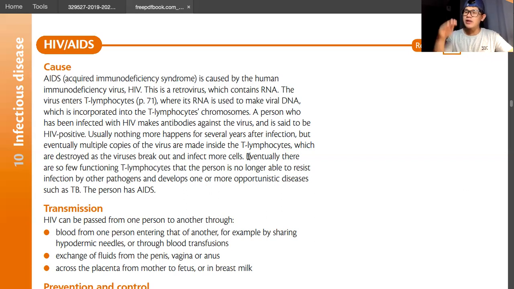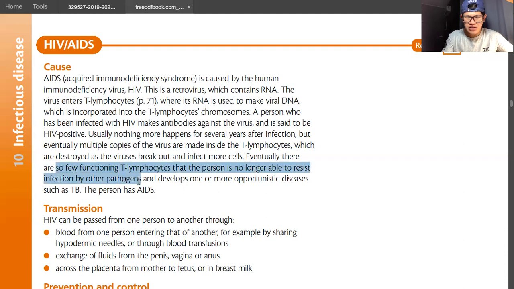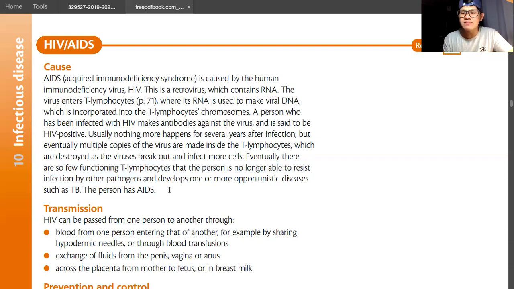As a result, you will have a lower level of T lymphocytes, a lower level of the police, the ones responsible for fighting off disease. There will be so few functioning T lymphocytes that the person is no longer able to resist infections by other pathogens. So in other words, the person's immune system is very much compromised.